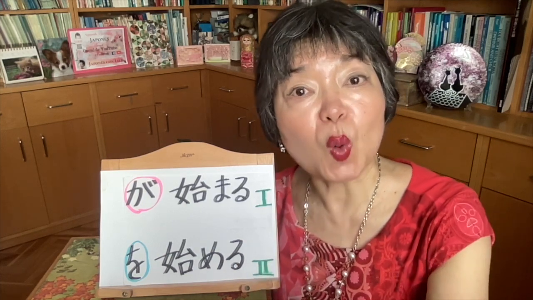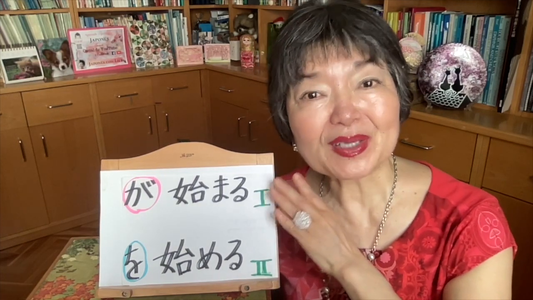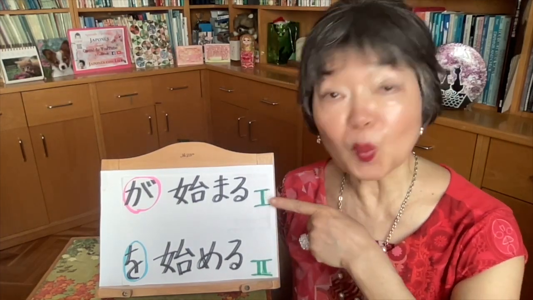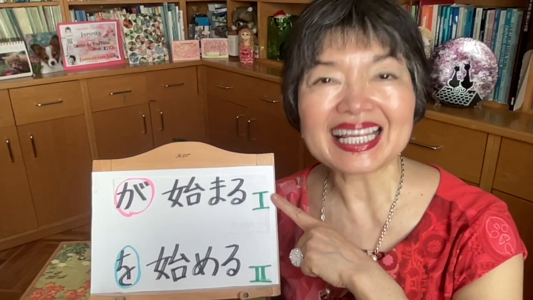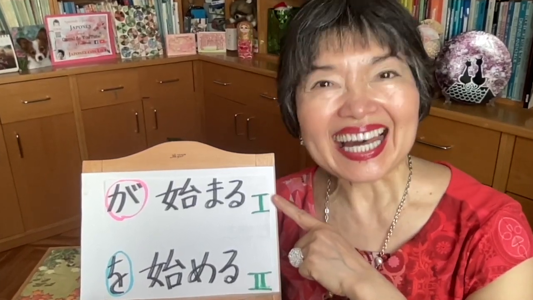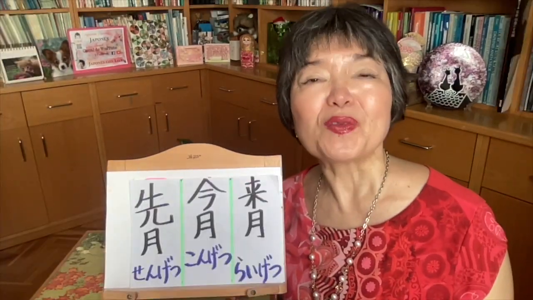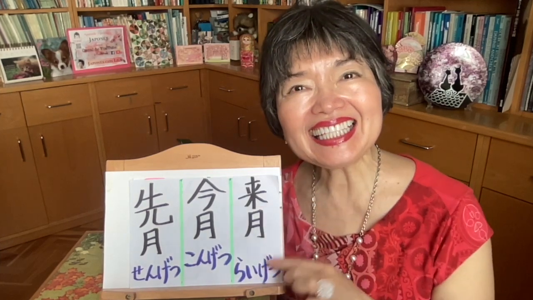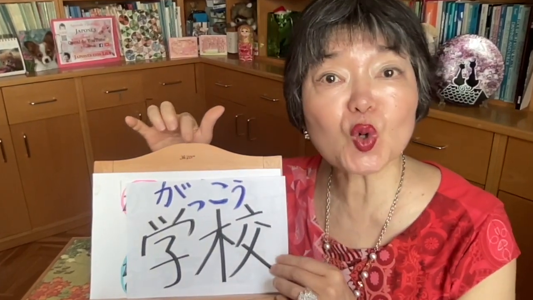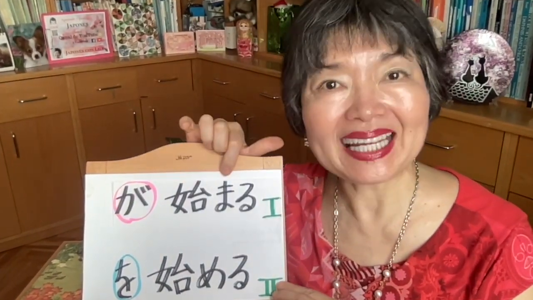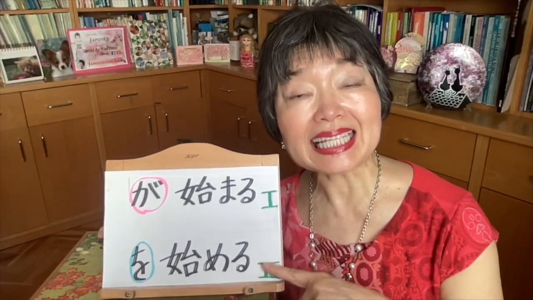Let's learn more verbs. Something が始まる。It means something begins. And something を始める。I begin something. This intransitive verb 始まる is group 1. So let's conjugate. 始まる、始まります、始まって、始まった、始まらない。School begins from next month. 来月から学校が始まります。Now the example with the transitive verb.